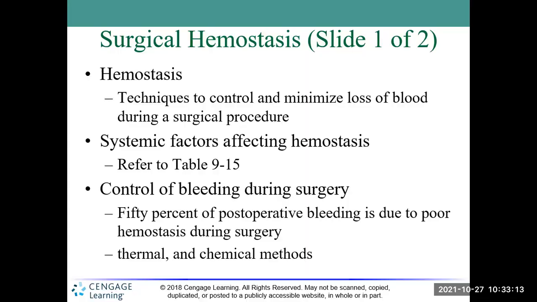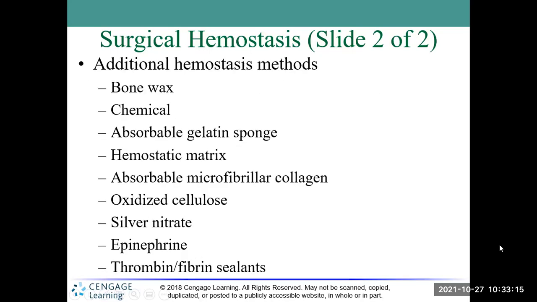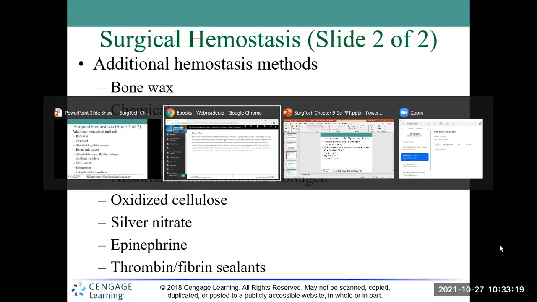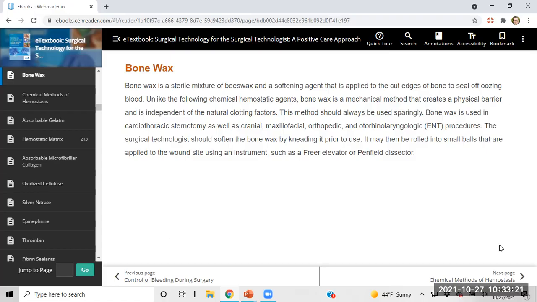Bone wax is going to be used. Okay, here we go. Bone wax. This is something that's going to be used especially during orthopedic cases. It has clotting factors mixed in with it, and so it's used to stop bleeding within the bone material.